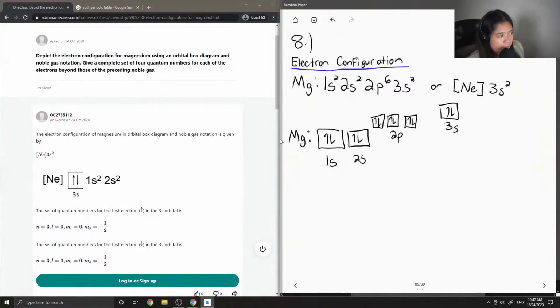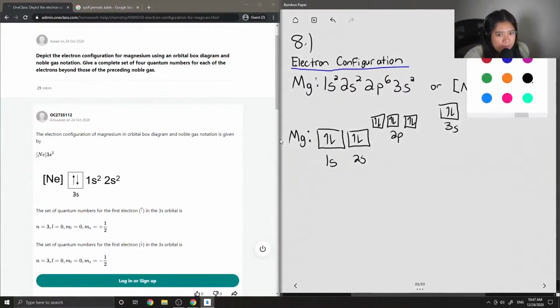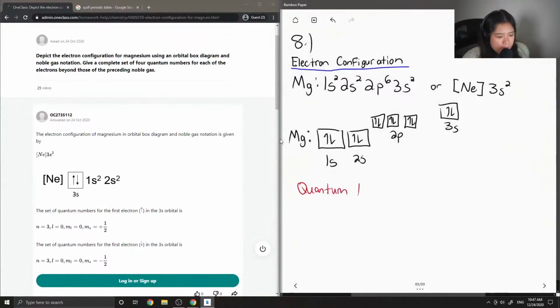And then now we have to give the complete set of quantum numbers. So let me just write it down here. They only want us to give it for the electrons beyond those of the preceding noble gas. So we're only going to be looking at the 2 electrons in the 3s orbital.